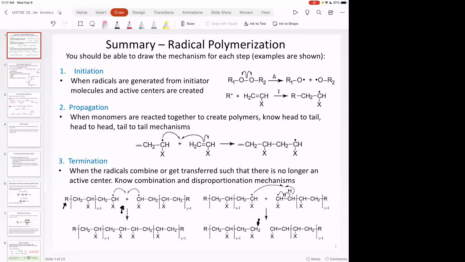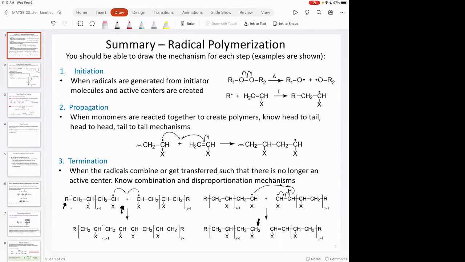You should have 10 or 15 of them, maybe 10 of them in your back pocket. Again, we're not going to go crazy on the nomenclature, but when I say styrene or when I say ethylene or propylene, boom, you should just know that. It should be right on the tip of your memory. So there are a couple chemical structures you have to memorize. And so make sure you know which ones go with radical polymerization.